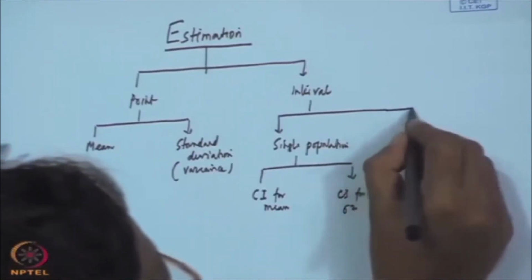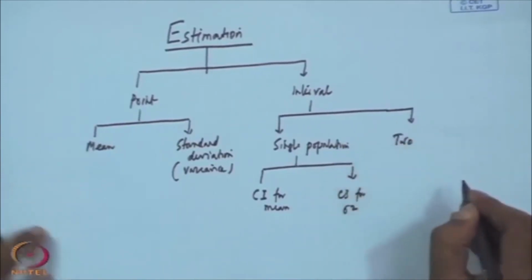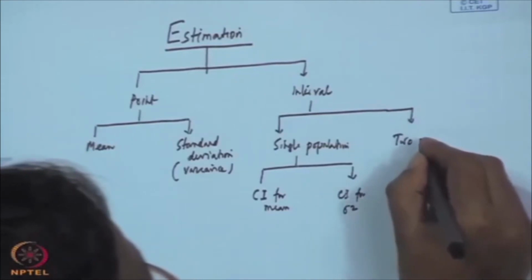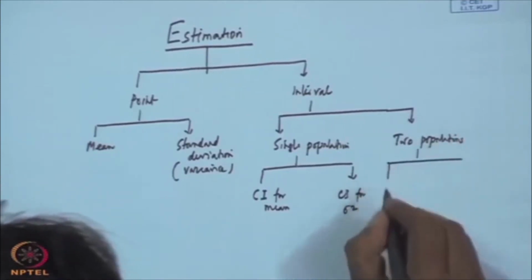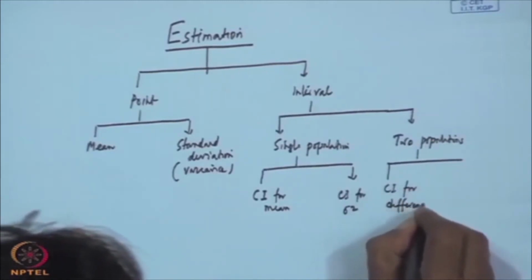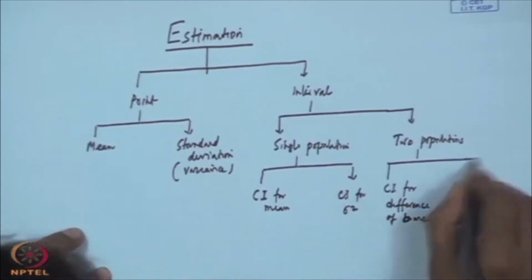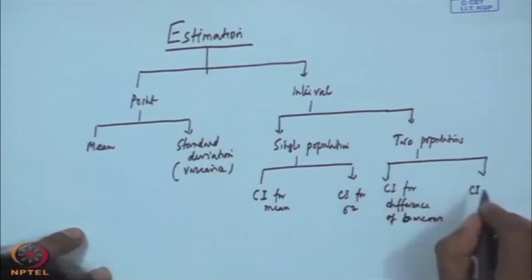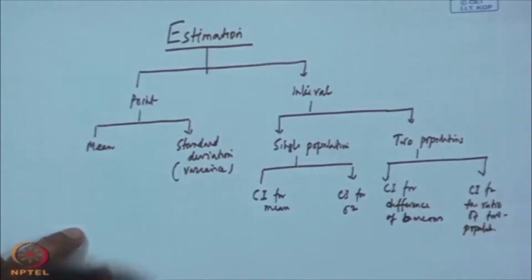We will also discuss interval estimation for the difference of means between two populations, the confidence interval (CI) for the difference of means between two populations, and the confidence interval for the ratio of two population variances.